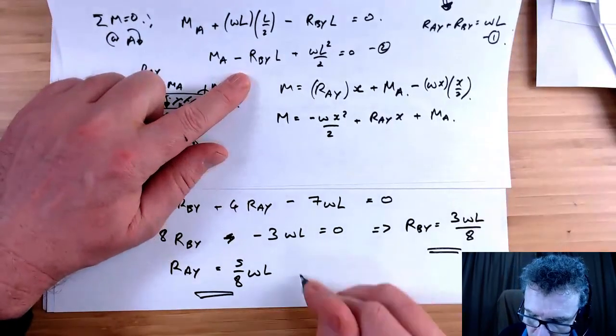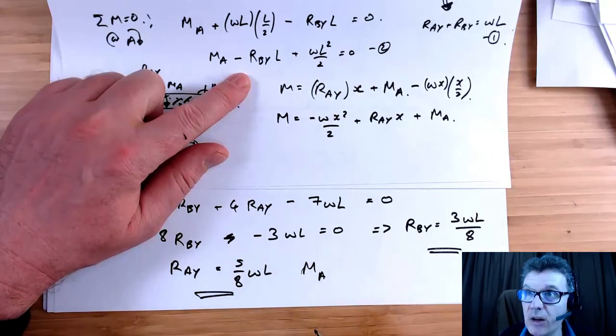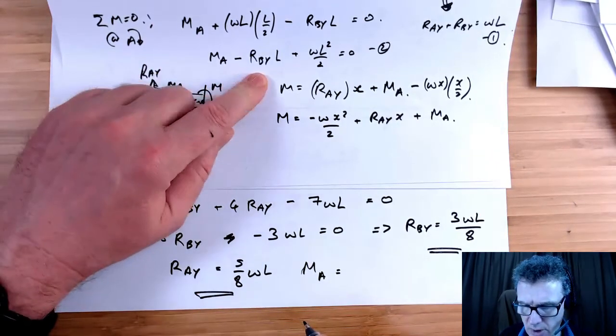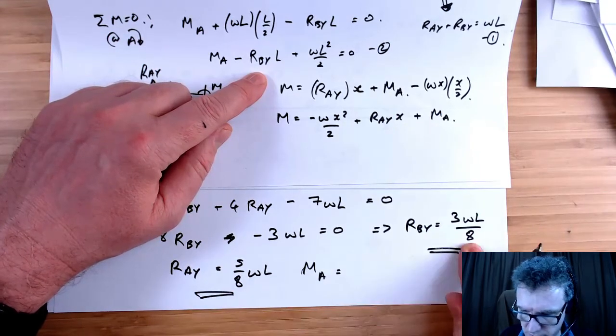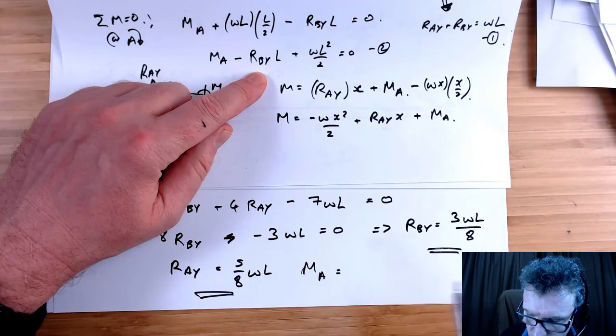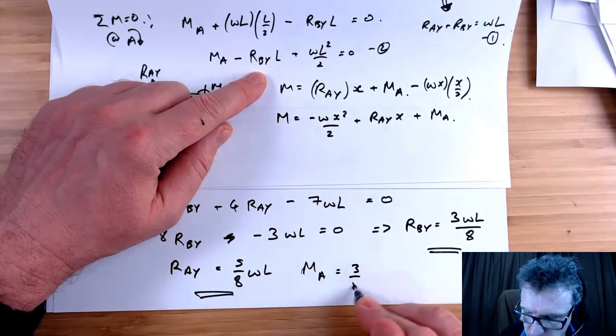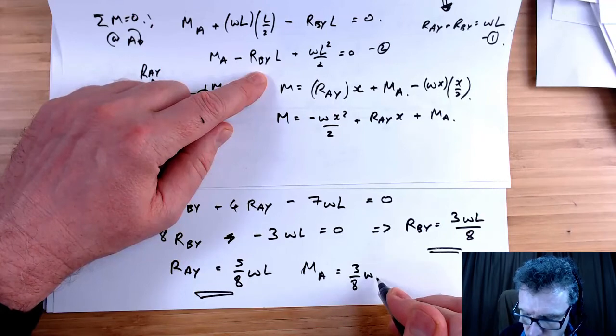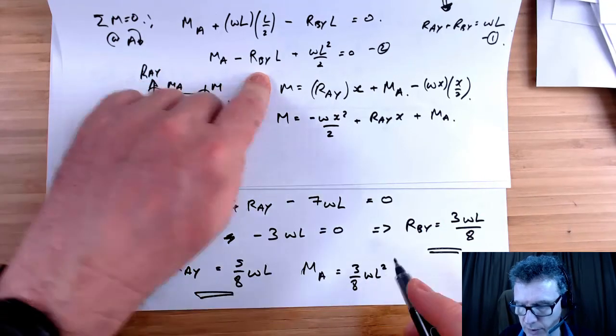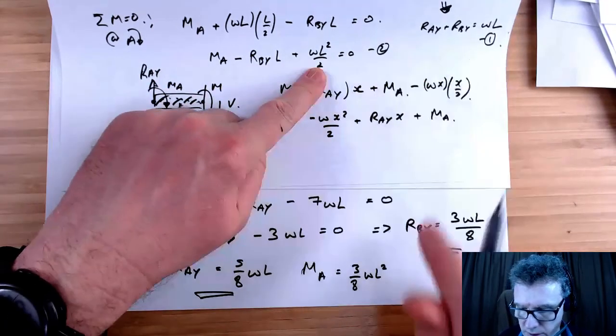So we have MA equals RBY, so that's 3/8 L, little w L squared, when it goes into that side.